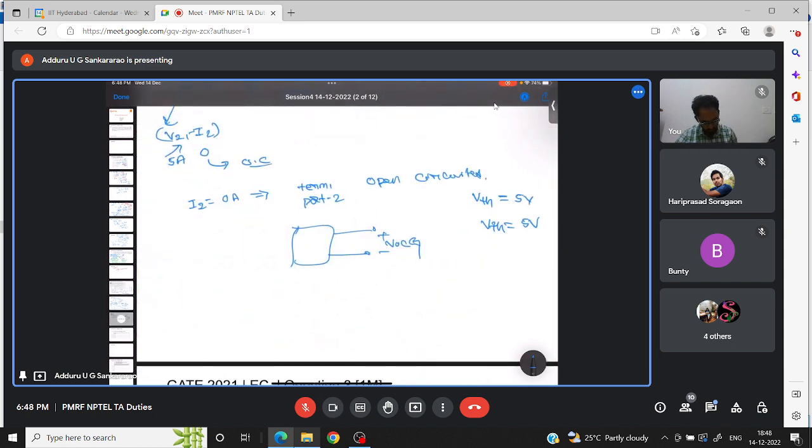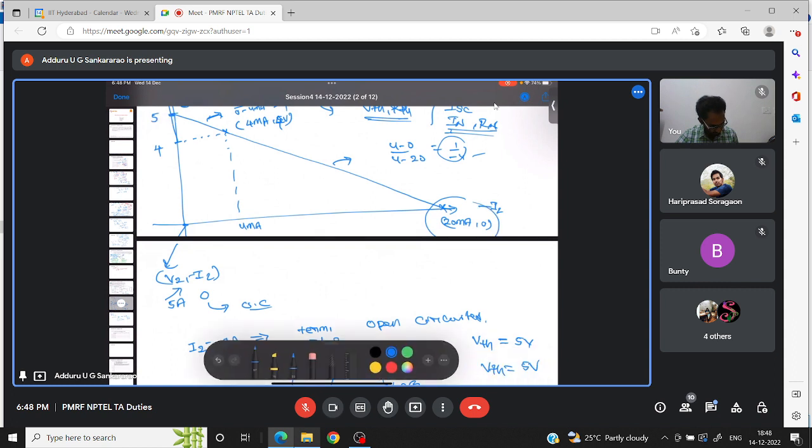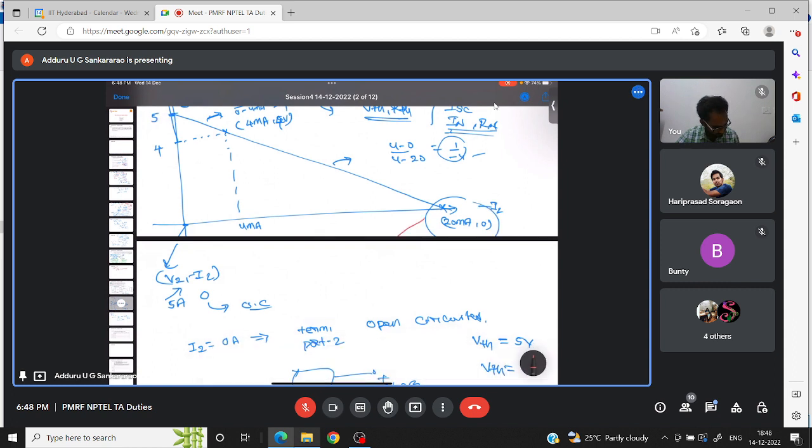Now the other one, the second one you see, here V2 and, sorry, I wrote it reversed, minus I2 and V2. So here minus I2 is 20 milliamperes, V2 is 0.